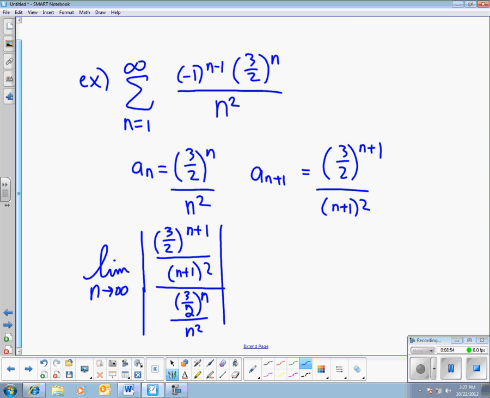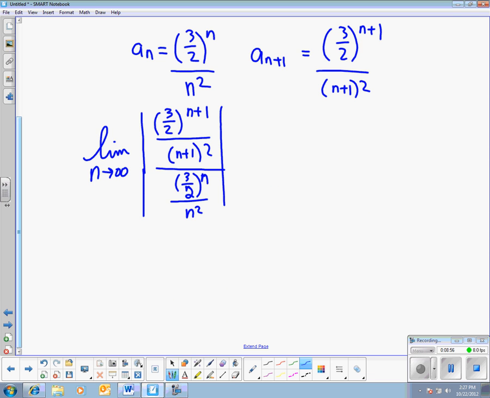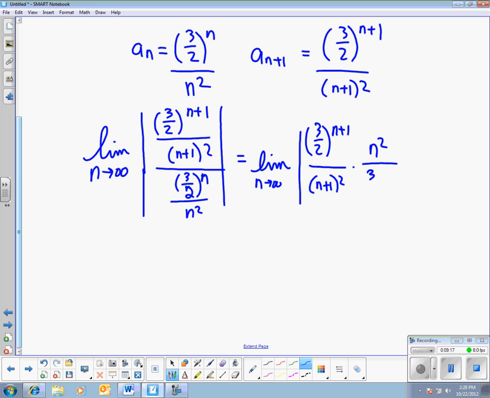So this looks like a crazy limit, but once we simplify a little bit, it won't be too bad. First of all, dividing by this fraction is the same as multiplying by that fraction flipped over. This is almost always going to happen in these problems. And you should see some stuff in common that you can get rid of. For instance, on the top, I have 3 halves times 3 halves times 3 halves, n plus 1 times.